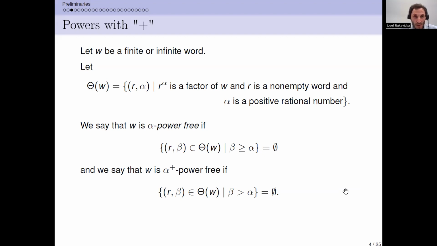Also, we define a concept of alpha-plus-power-free. There is this small difference that I say that beta must be strictly bigger than alpha, comparing to the previous definition, where I allow that beta can be equal to alpha.